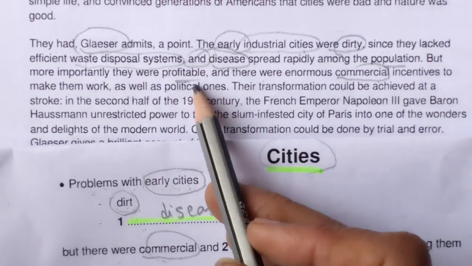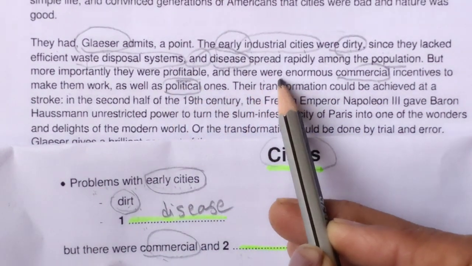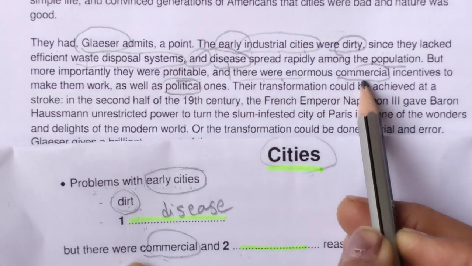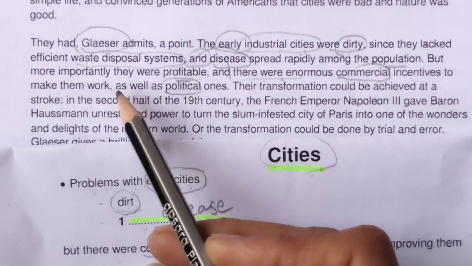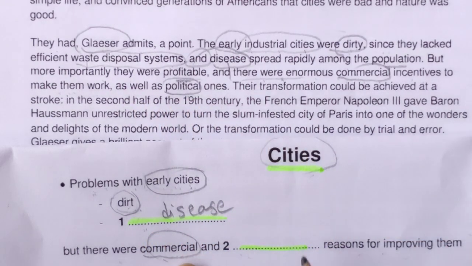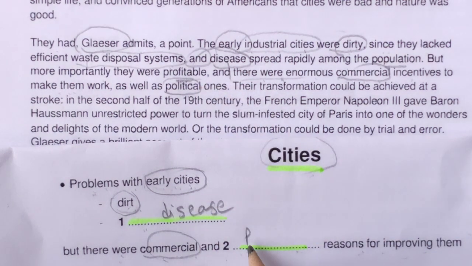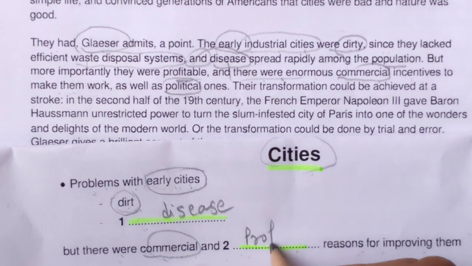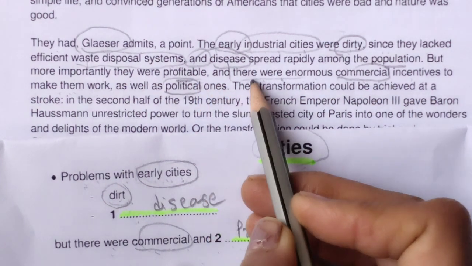Commercial and profitable will come, or political ones. The sentence structure is starting from here. They were enormous commercial incentives to make them work, as well as political ones. But they were commercial and political reasons for, no. So here we will be writing profitable, commercial and profitable. Reasons for improving them. Okay, so two things they are talking about here.